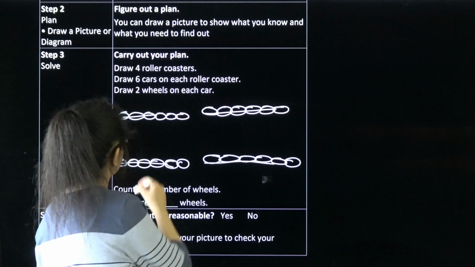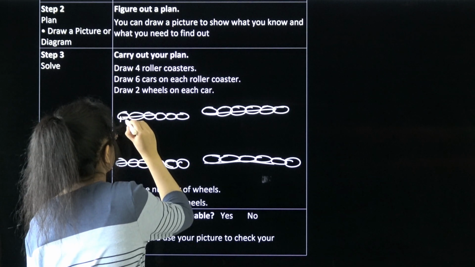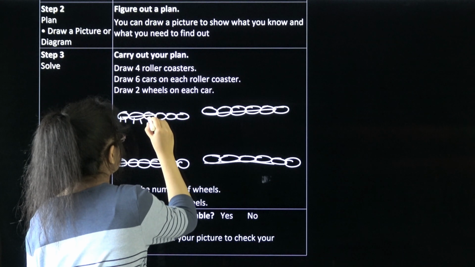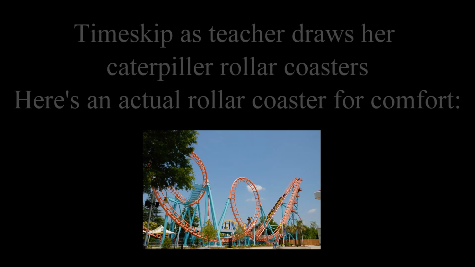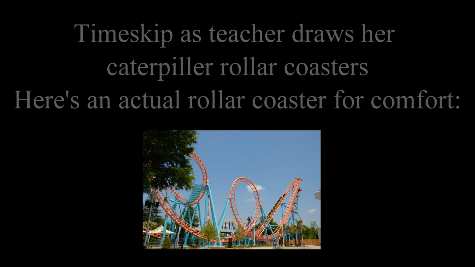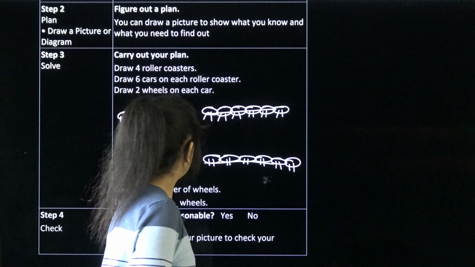So now we draw 2 wheels on each car. Well, these wheels are going to look like legs. Right.